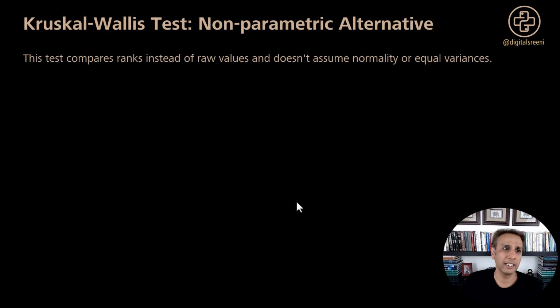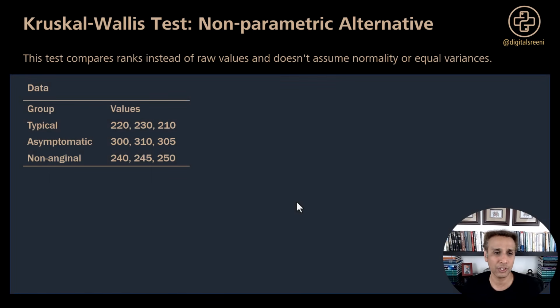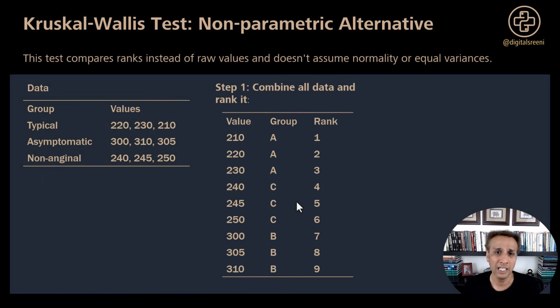Next, let's look at the KW test, the Kruskal-Wallis test. This is non-parametric, which basically means it just compares the ranks instead of the raw values, and it doesn't assume normality because it's just looking at the ranks. It doesn't assume normality or equal variances. The way it works, again going back to the same data set, is you compile all the data and rank it.